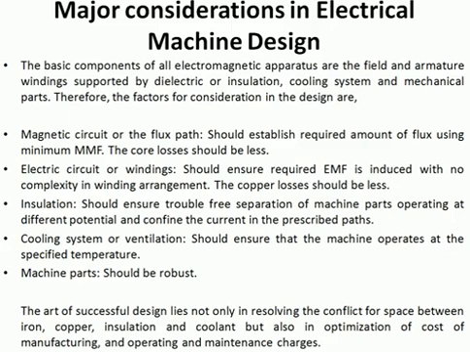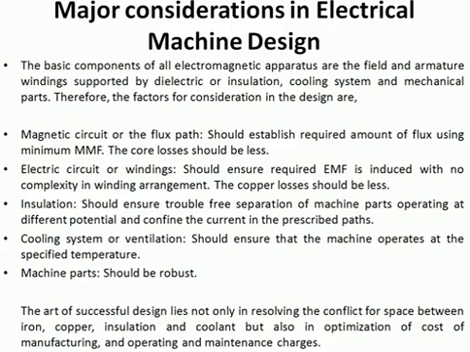Windings means the armature winding, or in the case of a transformer, the primary and secondary windings. It also must be ensured that the required EMF is induced in the circuit without any complexity in the winding arrangement.